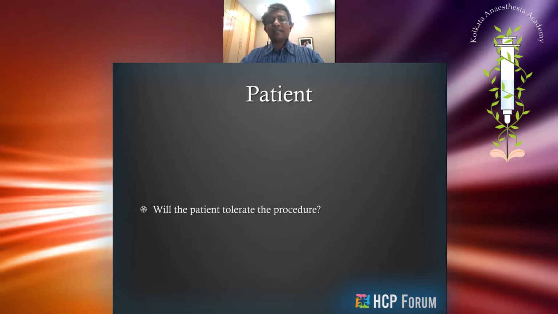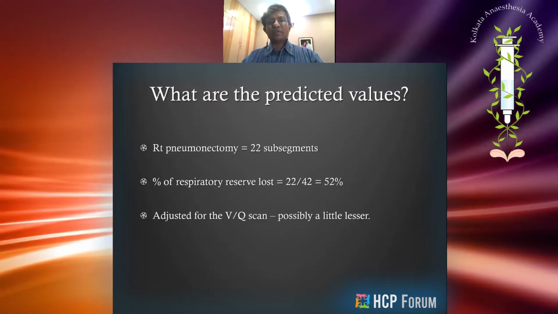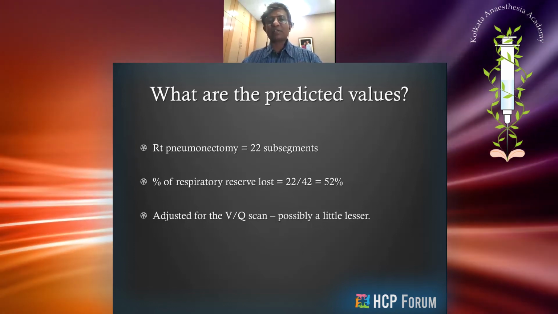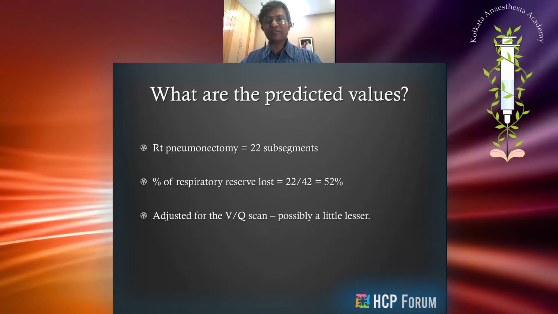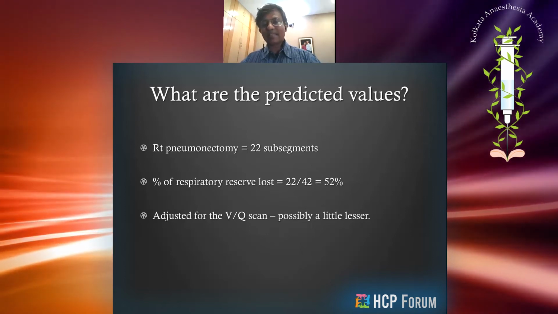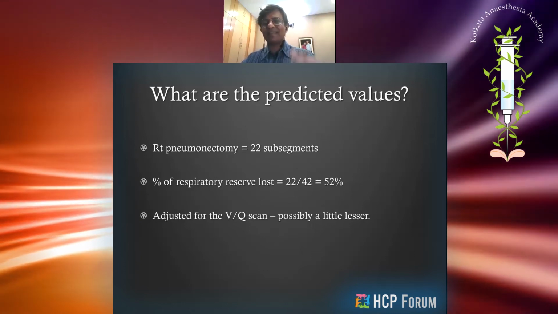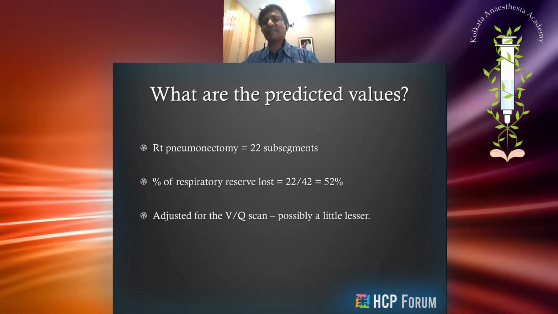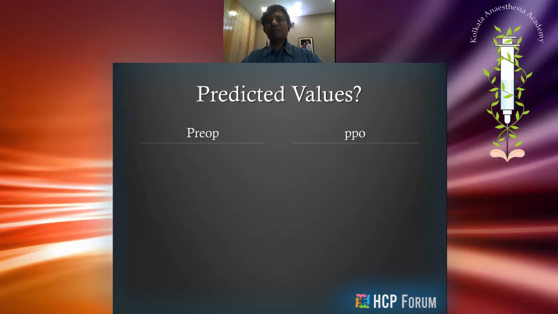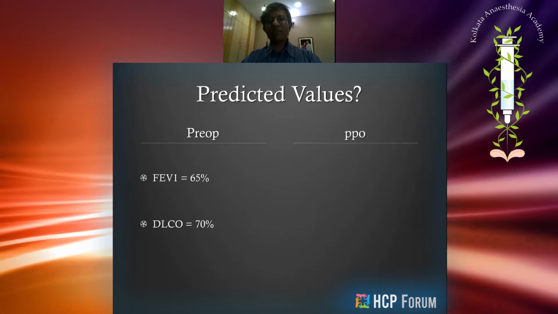So will the patient therefore tolerate the procedure? Right pneumonectomy will take away 22 segments. The percentage of respiratory reserve which will be lost is 52%. But since we know it was 40/60, there is possibly a little less. We can say that it may be around 40 to 45%. So the predicted values, we knew FEV1 was 65%.